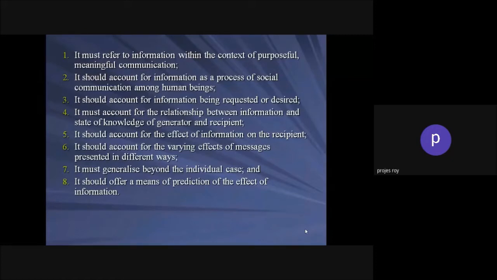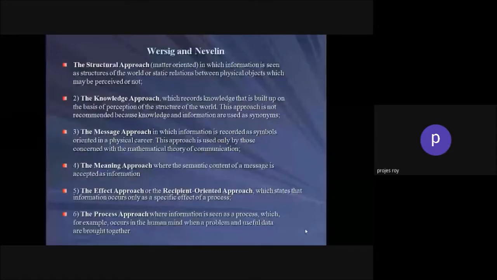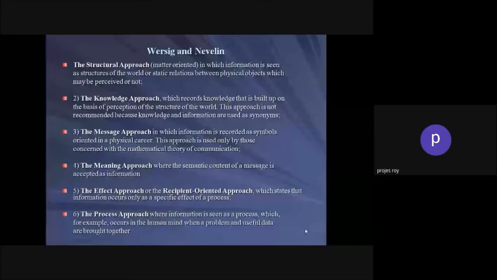Now Verstick and Nevlin, they have structurally approached matter oriented. They have given some ideas on information. First one is the structural approach, and second one is the knowledge approach, which records knowledge that is built up on the basis of perception of the structure of the world.